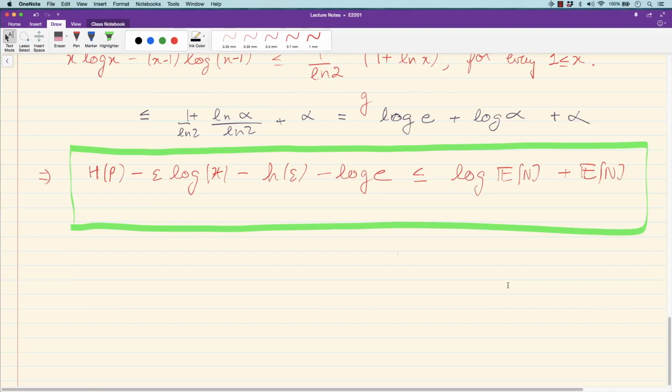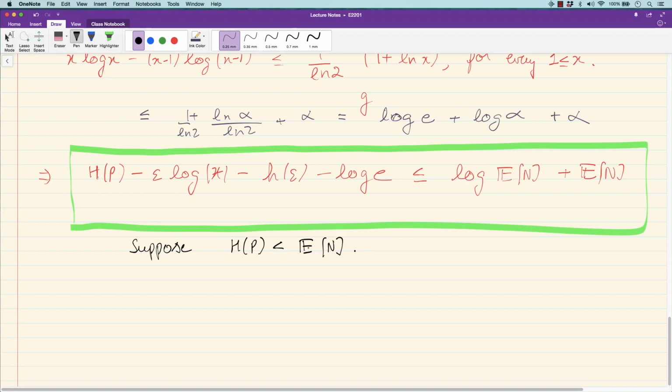Now to proceed from here on, the proof is actually very simple. So suppose H of P itself is less than expected value of n, then actually we have a stronger bound.